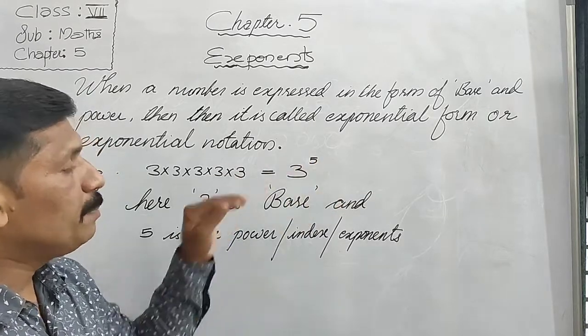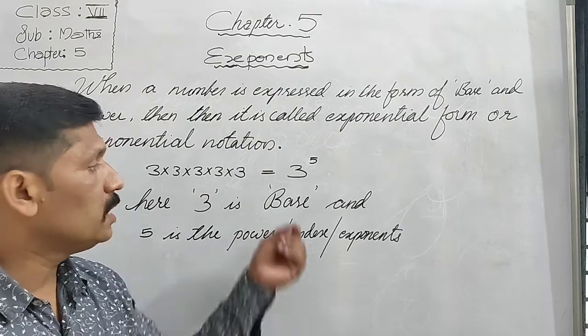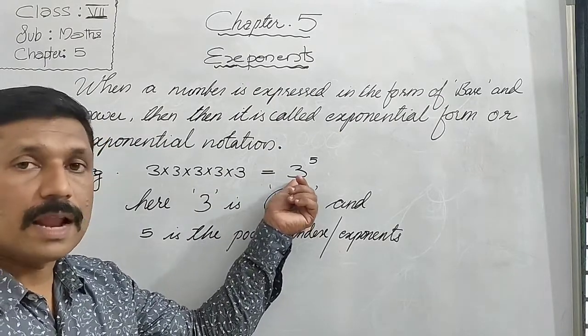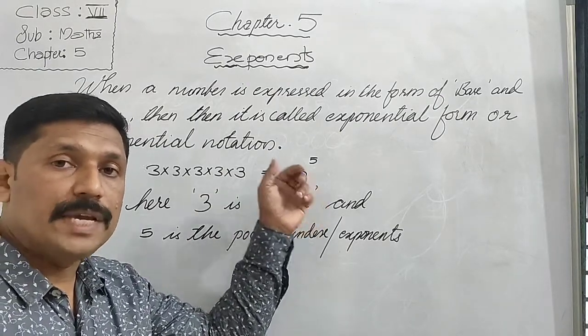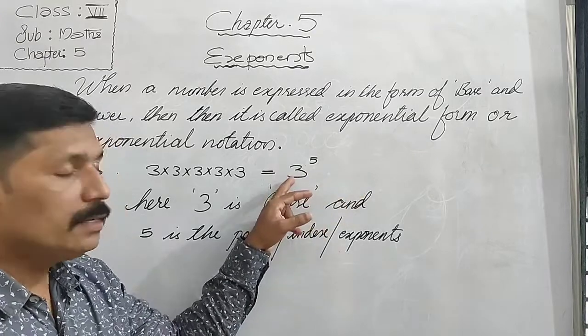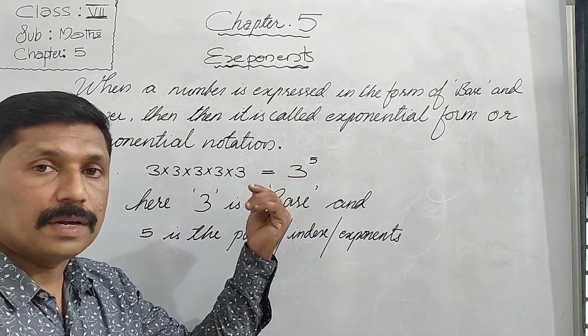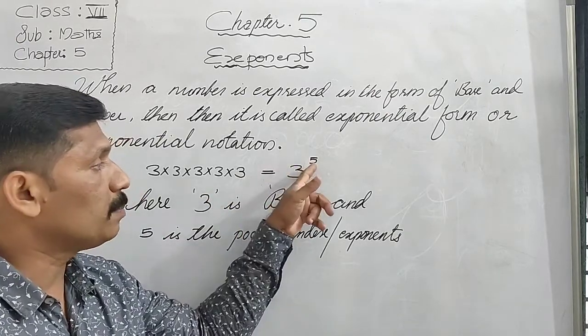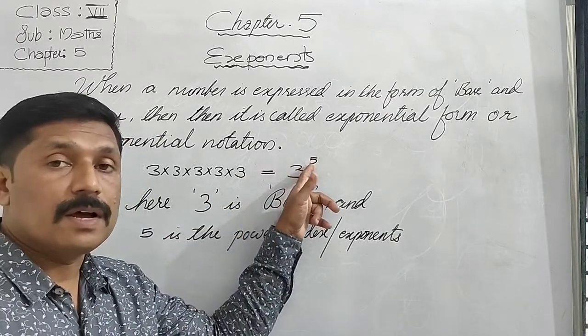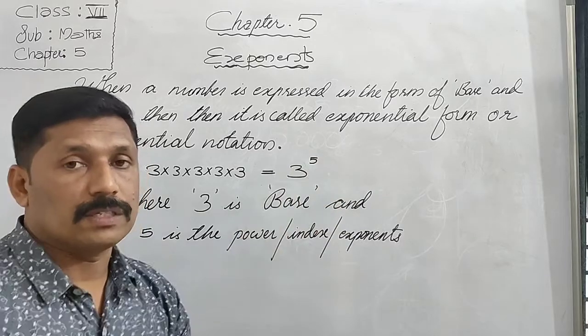And the number which we multiply, that is the base. So the number which we multiply to itself is called a base. And the number of times a number is multiplied will become the power or exponent.